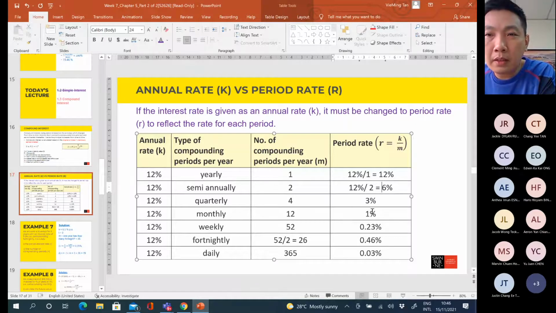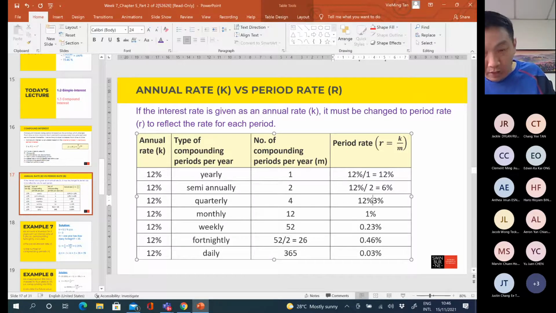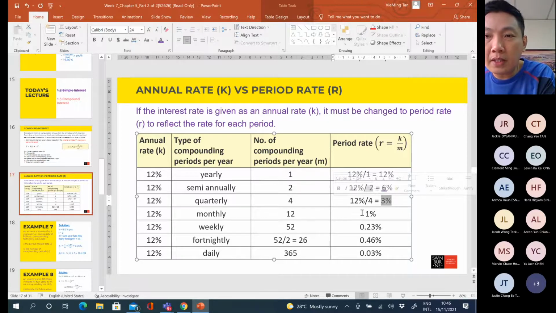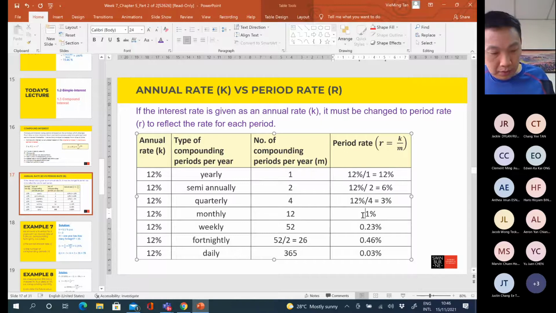How about quarter rate? Quarter rate is 12% divided by 4. M is 4. So it's 3%. This is the quarter rate. Monthly rate is 1%. How to get 1%? We have to use the annual rate divided by M. For this question, it is 12.